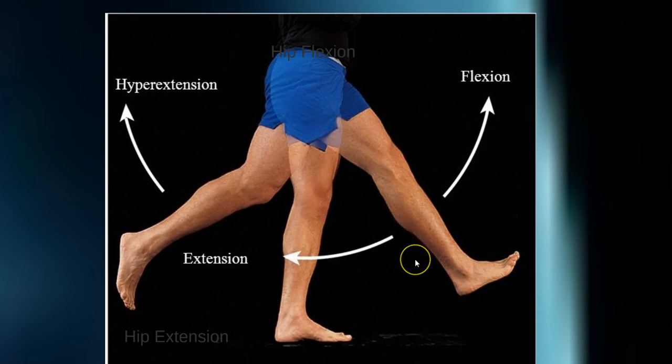Now, something to consider here, there are different ways in which you can flex and extend at the hip. In this one here, we're standing and we're simply lifting a leg off the ground and flexing and extending it. But what if you were to sink into a movement like a squat? Now that would also be hip flexion. The reason being, going back to the flexion definition I gave before, it's a diminishing of the joint angle.